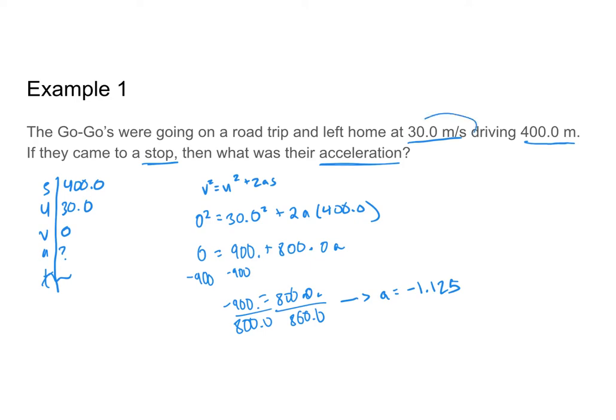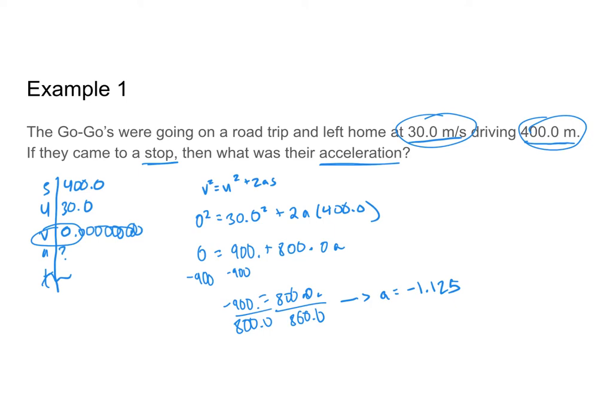I'm given 2 numbers here, 30.0 and 400.0. You'll notice I also have my velocity as 0, but this 0 actually has essentially an infinite number of sig figs because it's 0.00000000 forever. So we're not going to count numbers that are just zero. If velocity or initial velocity is 0, we're not going to worry about that for sig figs because that kind of has both 0 sig figs and infinite sig figs at the same time.